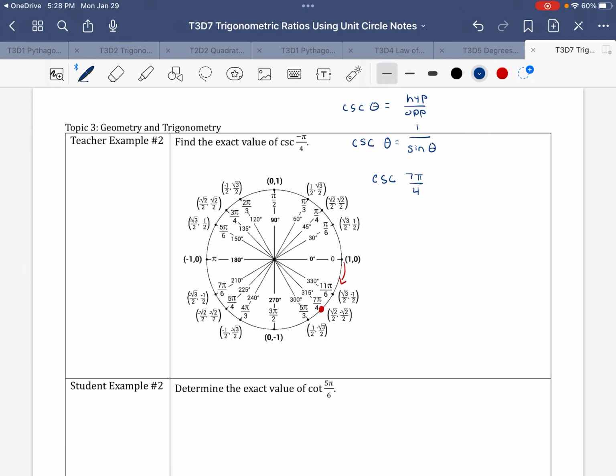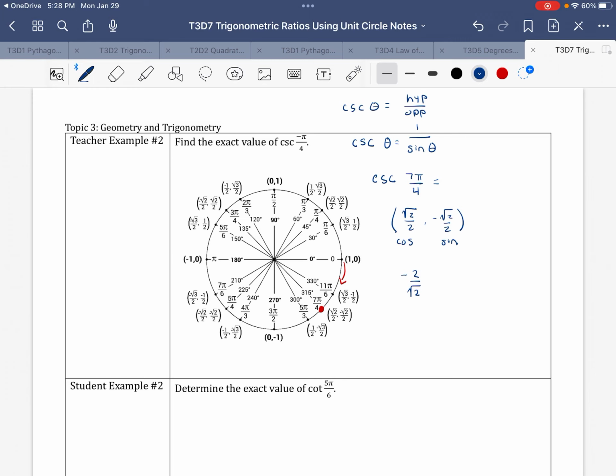And here, we know that our cosine and sine are root 2 over 2 and negative root 2 over 2. So this one is our cosine value, this is our sine value. So we're going to use our sine value and then take the reciprocal of it, right? So you can kind of flip your fraction, or you can do 1 over that value. So the reciprocal of sine is going to be negative 2 over the square root of 2.